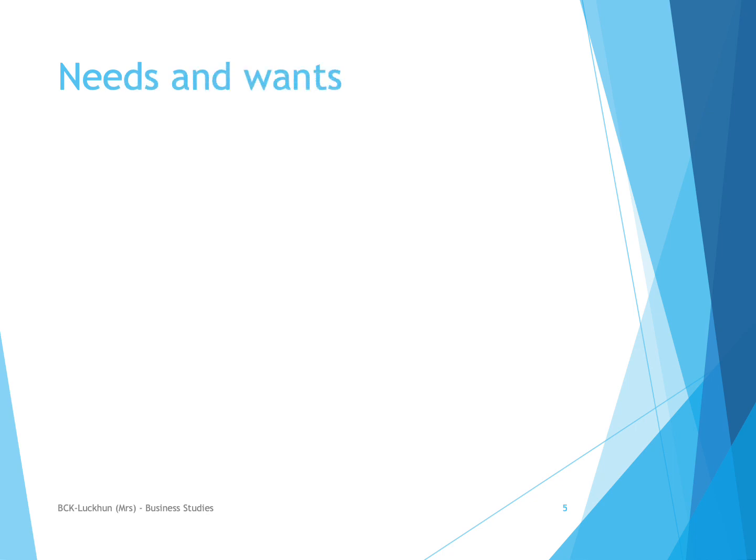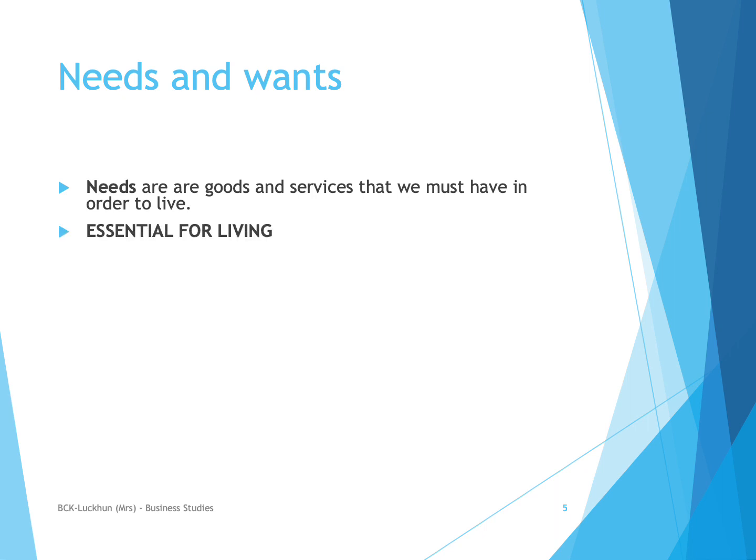Let us move on to needs and wants. Needs are goods and services that we must have in order to live. That is, the needs are essential for living. For example, you would not be able to live without food and drink, shelter, clothing, and the air.